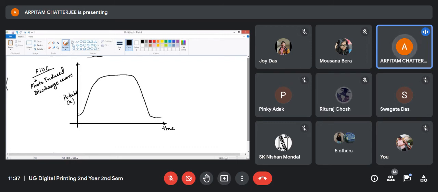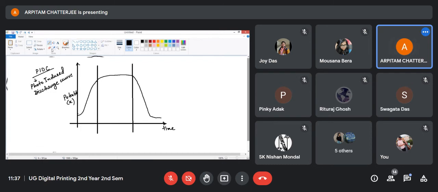Now it has different segments. This is the initial stage, that means it is in the dark stage.